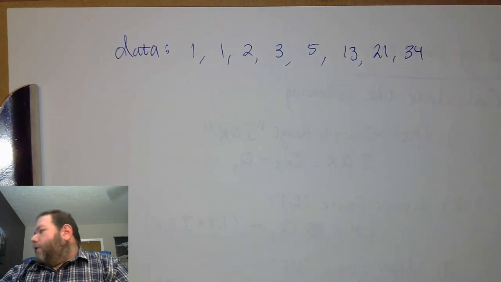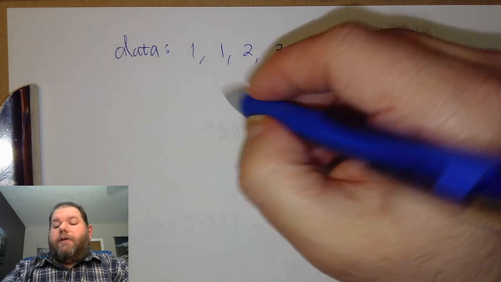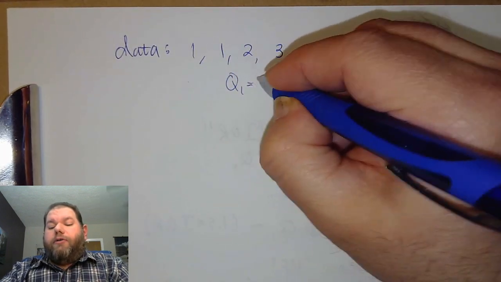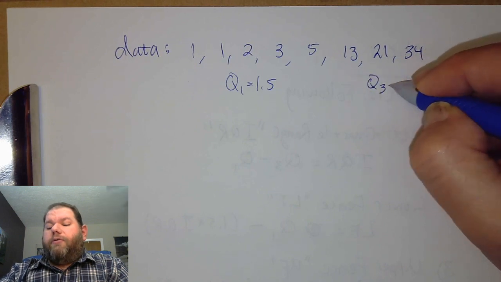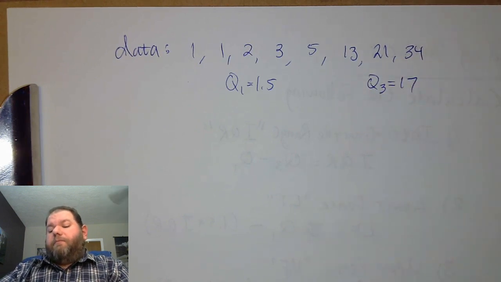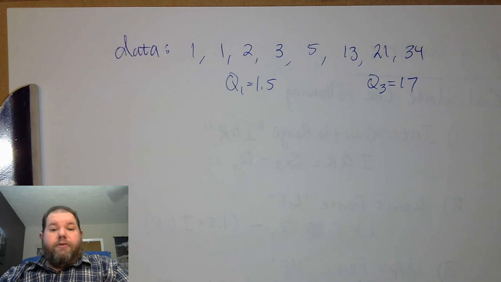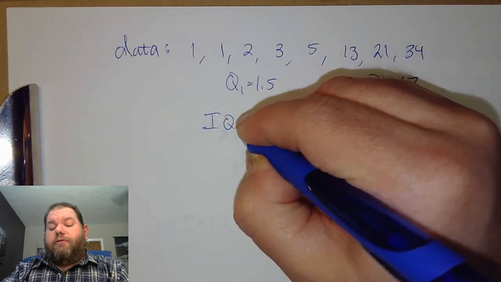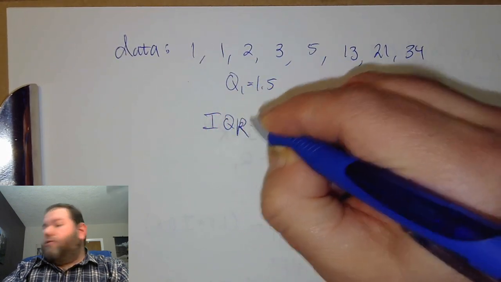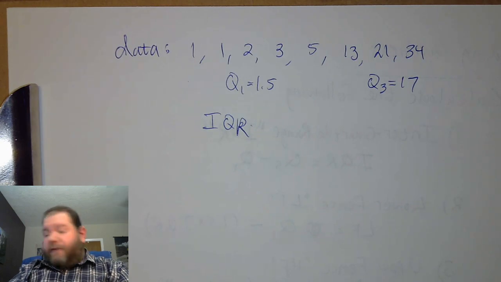Okay, so there's our data once again. And we said Q1 is 1.5 and Q3 is 17. We just need the quartiles to figure out where the outliers may be. Now, before we can figure out if and where we have outliers, let's look at our interquartile range first of all. I missed an 8, you're right.